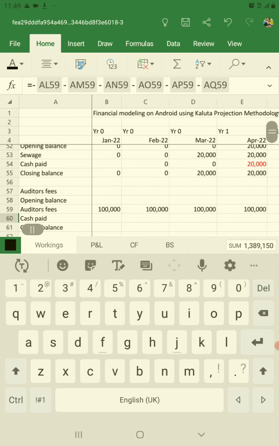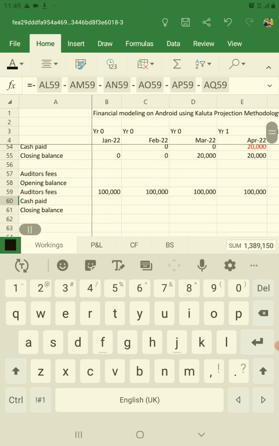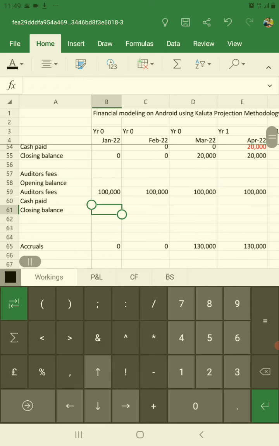So after doing that, then we come to model closing balance. Closing balance will be opening balance of the audit fees plus audit fees for the month minus cash paid, then we get closing balance of the accrual.